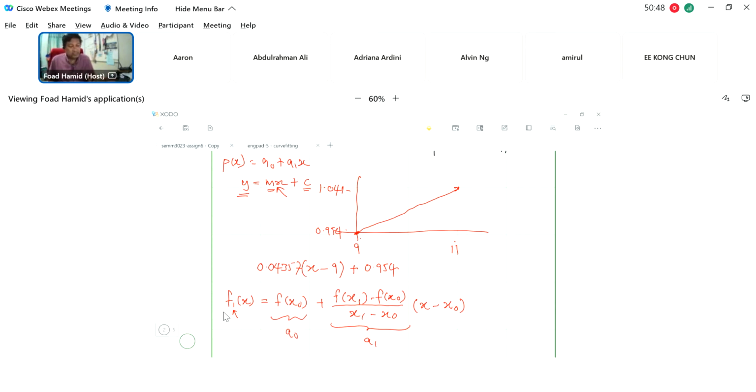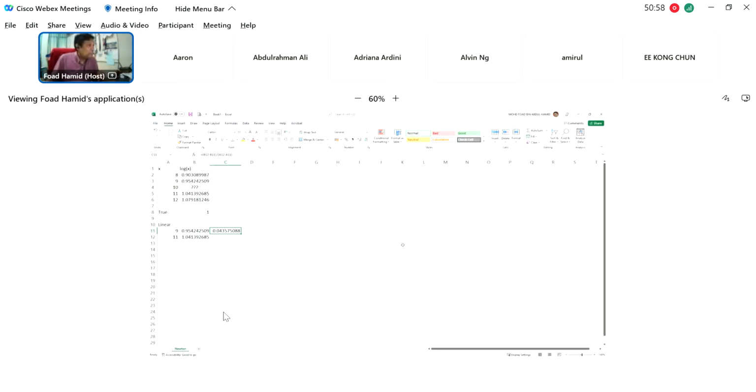If you use this in Excel, you can see this is very simple. Look at this. I have my a naught here, my intercept.